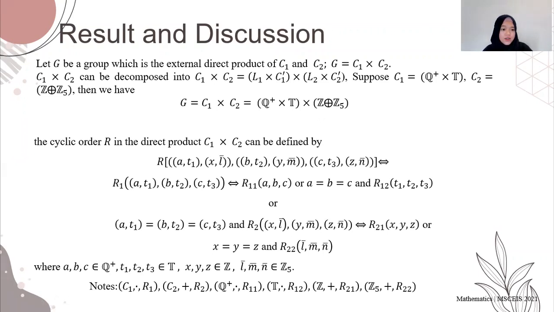The cyclic order R in the direct product C1 direct product C2 can be defined by R if and only if R11 or R12 when a equals b equals c, or R2 if and only if R21 or R22 when x equals y equals z.